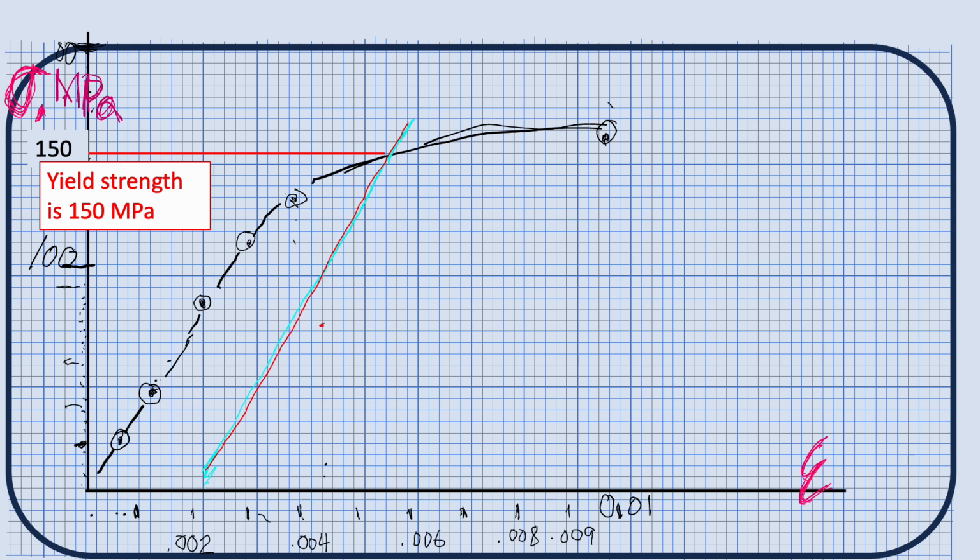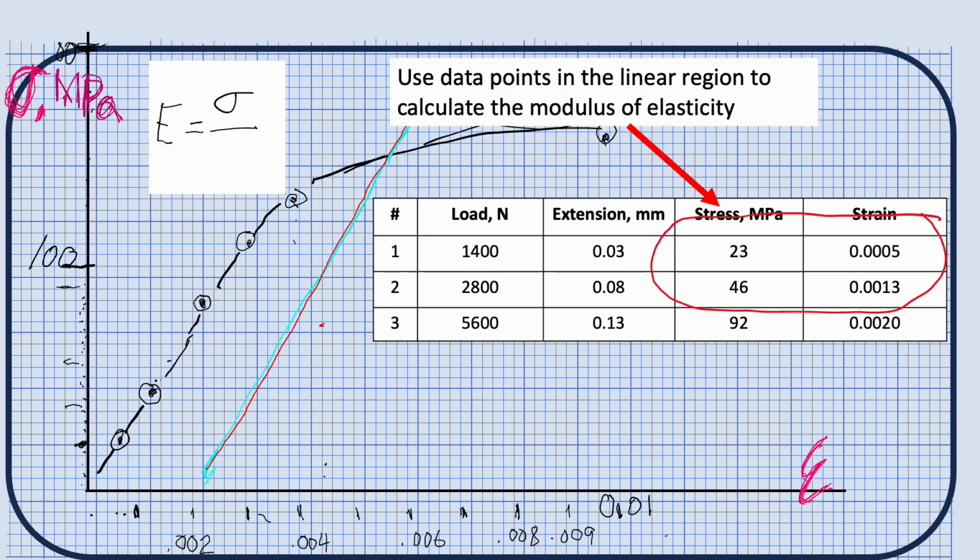Now, I also can calculate modulus from this graph. I need to just get the slope of the linear region. And I have two data points already, stresses of 23 and 46 and strains of 0.0005 and 0.0013.